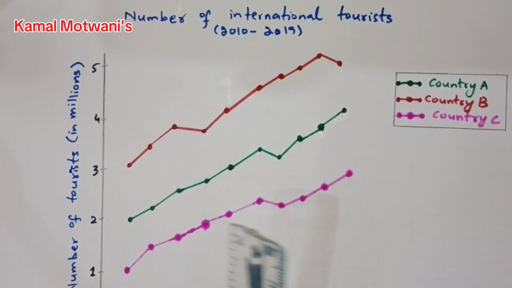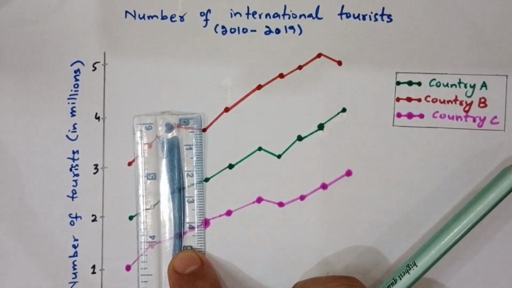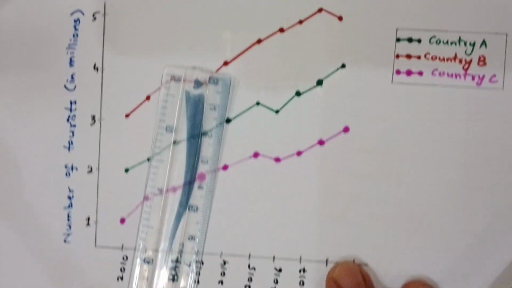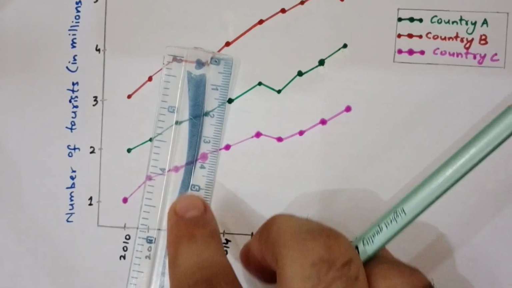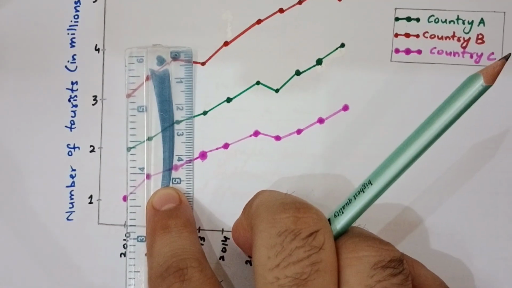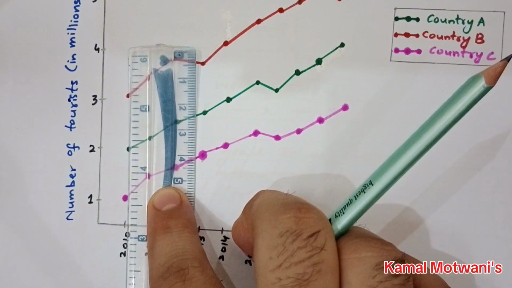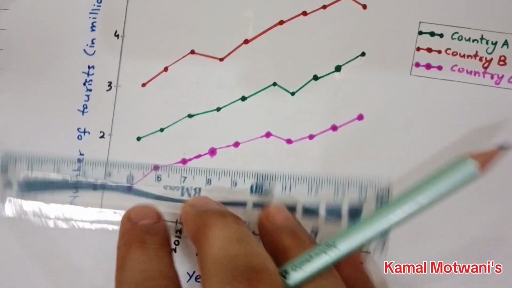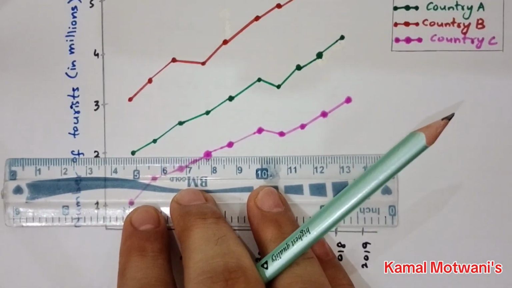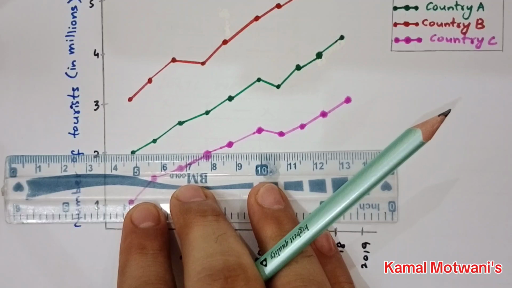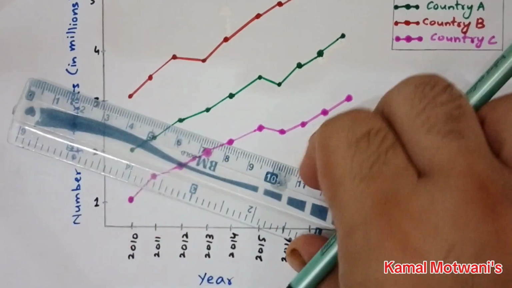You can see here, 2010, and here, 2 million. Okay.